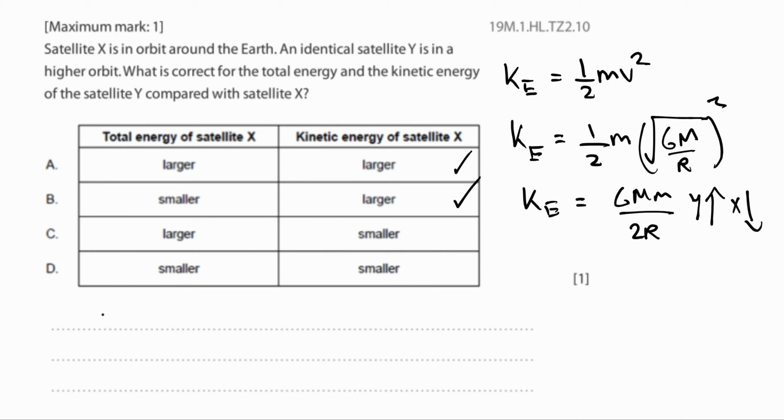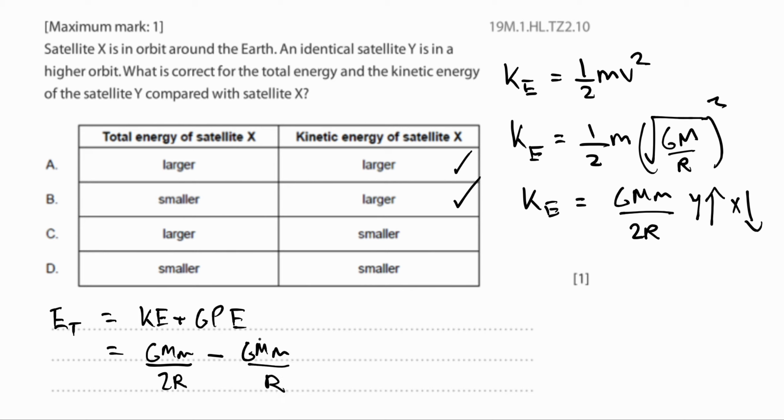Now how do we get total energy? Total energy can be said as kinetic energy plus potential energy, gravitational potential energy. So we can write this as our equation we derived earlier, GMm over 2r, minus the formula for potential energy, which is GMm over r, and this is in your data booklet.